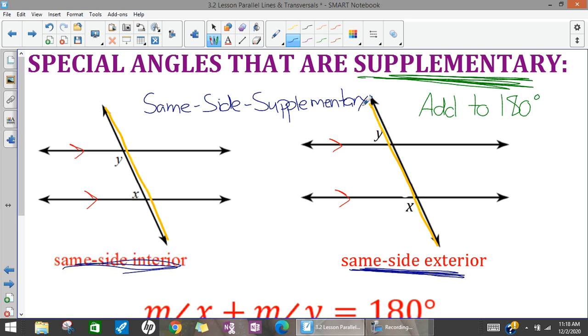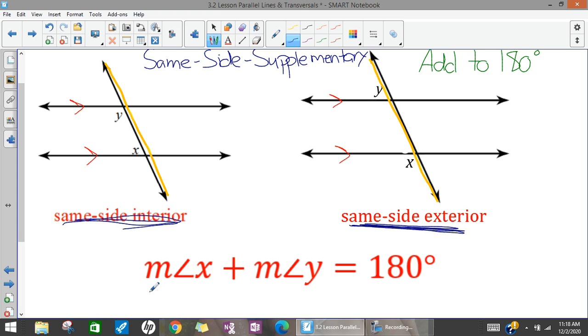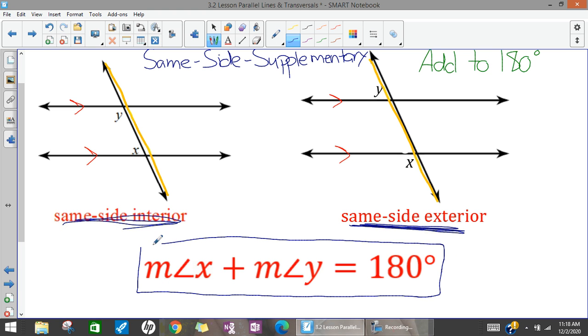So our two same side relationships end up being supplementary when our lines are parallel. And so we can say that the measure of angle X plus the measure of angle Y is equal to 180. So we have three types that are congruent, and we have two types that are supplementary.